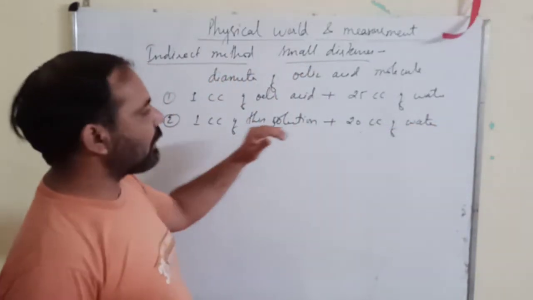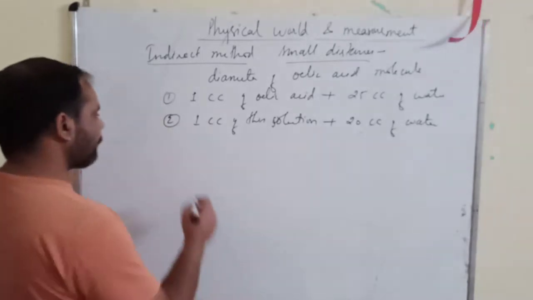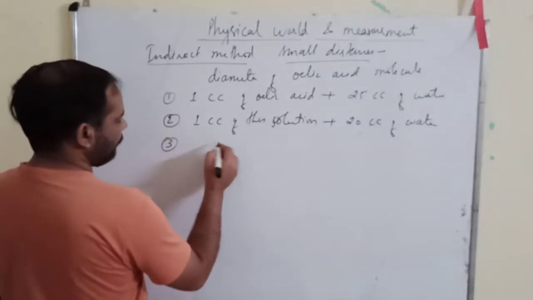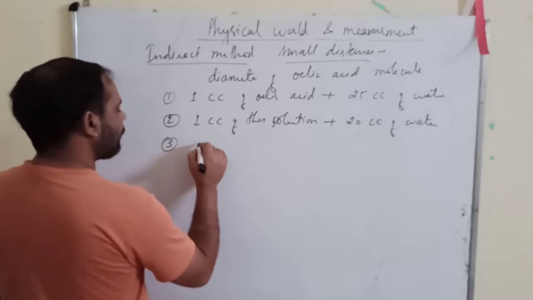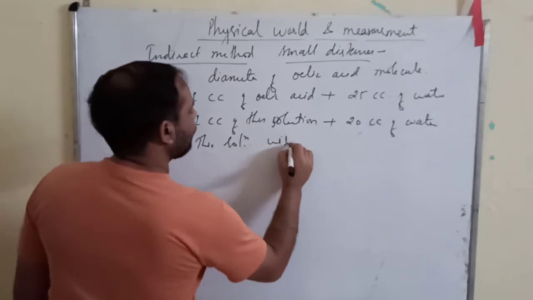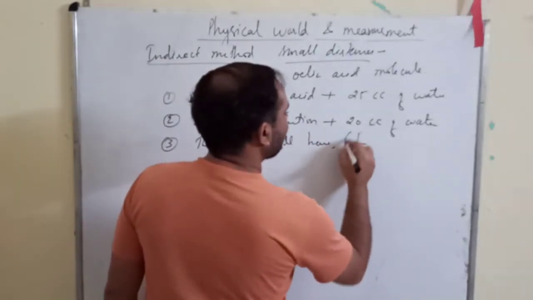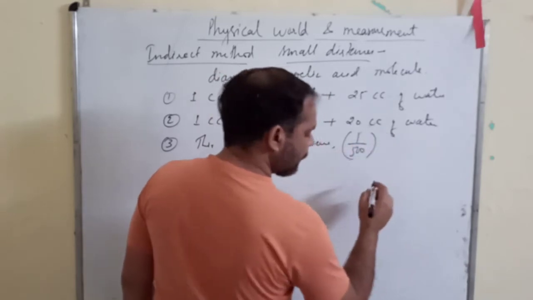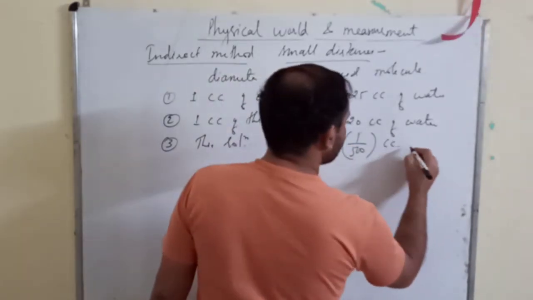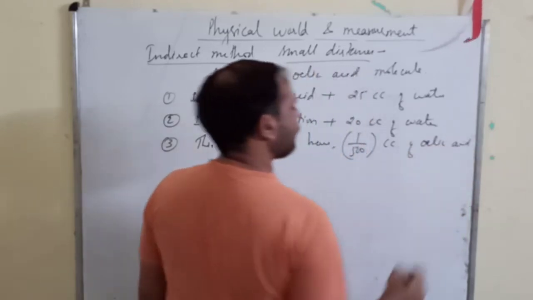Now what is the concentration of oleic acid in this final solution? This solution will have 1 upon 500 cc of oleic acid.